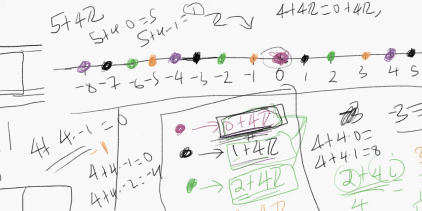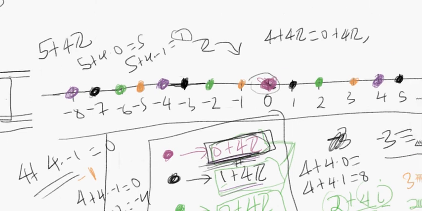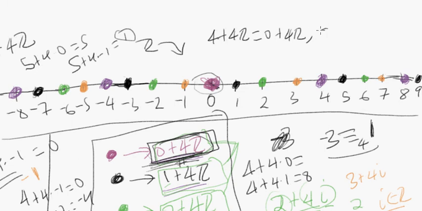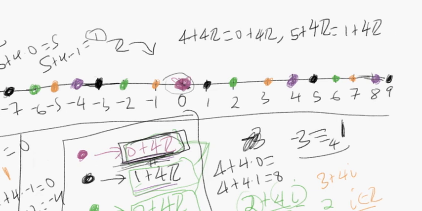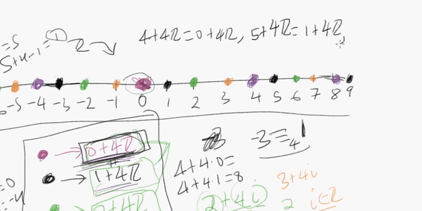So this leads us to ask the question, is it true that 5 plus 4z is actually equal to 1 plus 4z? Right? Is that true? And what about 6 plus 4z?